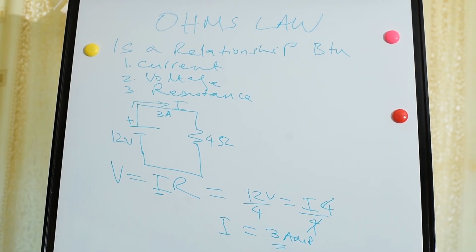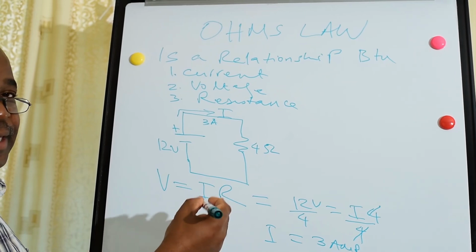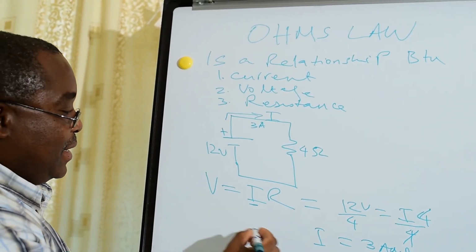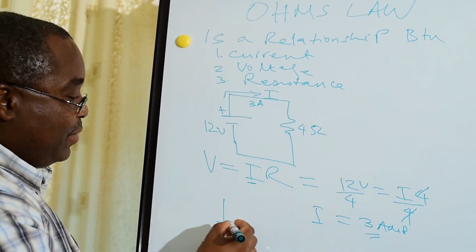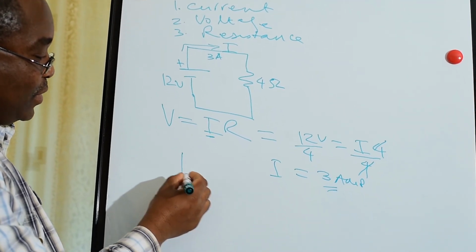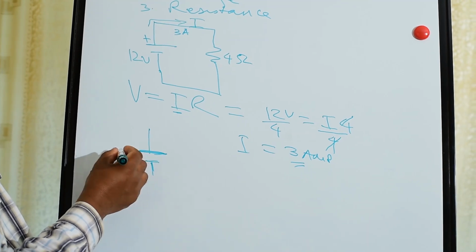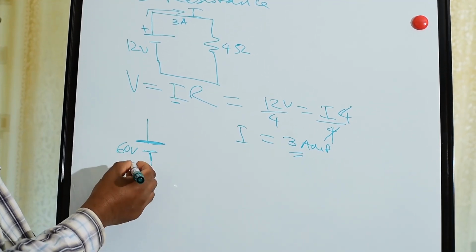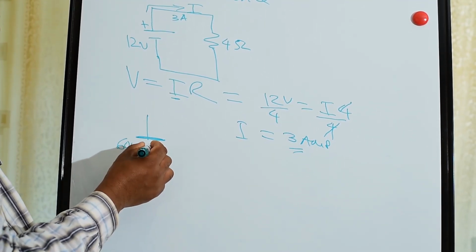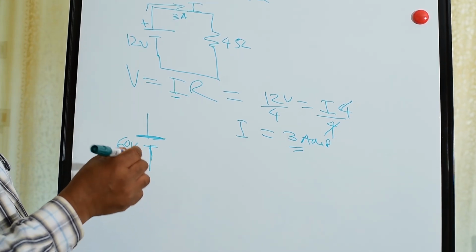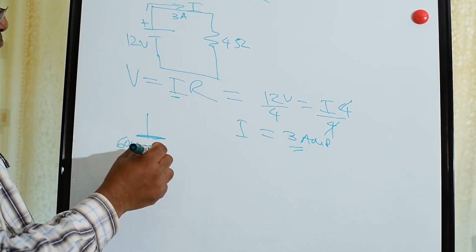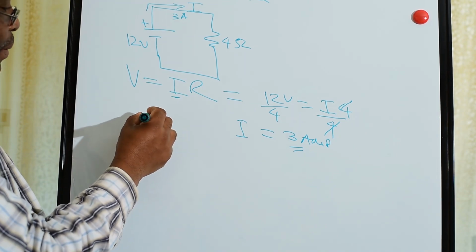Let's see another circuit which has 3 resistances. We have our source here, as always. We can put here 60 volts, a much bigger voltage. In lesson 1, we learned that voltage is a push or pressure which forces the current to flow.